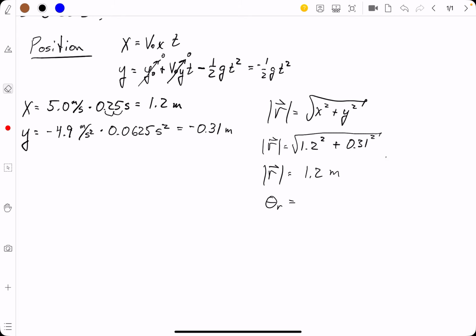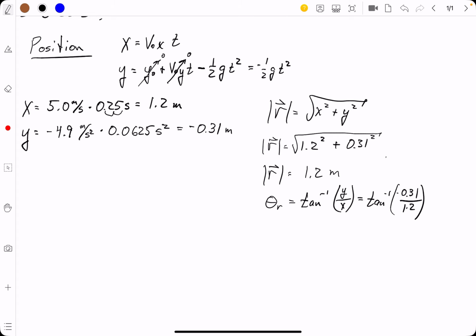We do the arctangent of y over x. That's going to be the arctangent of 0.31 over 1.2. Now, if anybody's really paying attention closely, they'll notice that I need to put a negative sign there.